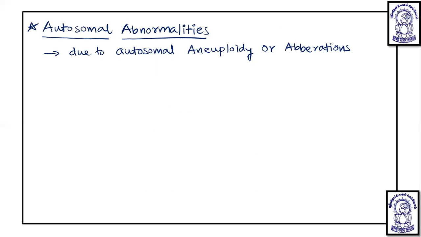Some of the common disorders due to autosomal chromosome abnormality that we are going to discuss are as follows. The first one is Down syndrome.